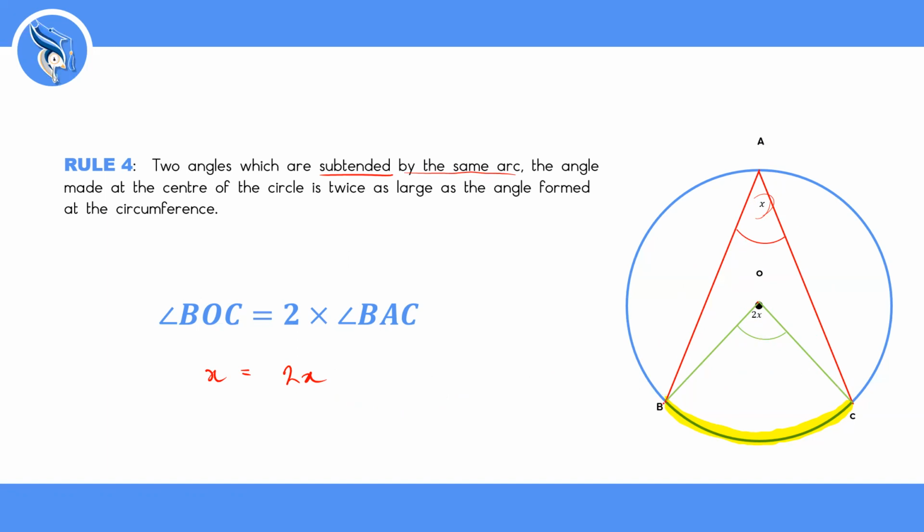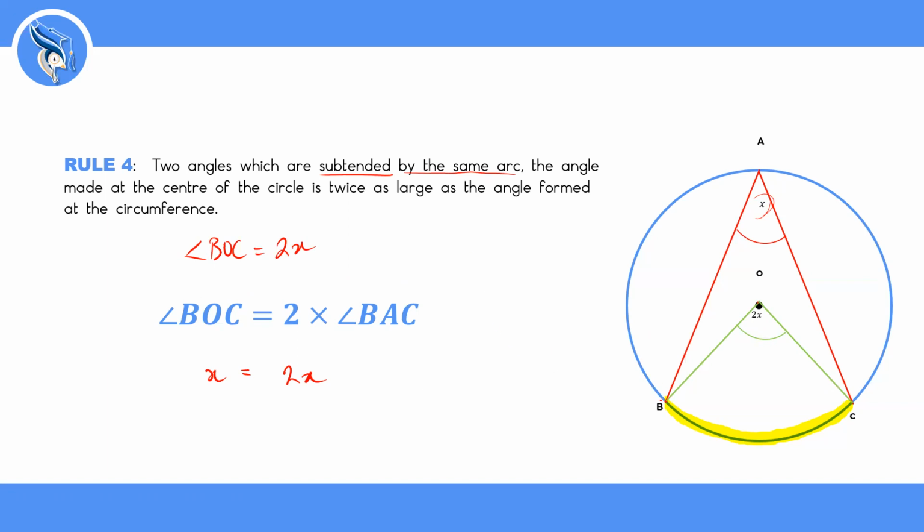Because BAC is x and BOC is 2x. So if you want to write it like this, angle BOC is equal to 2 times x, right? That's also acceptable.